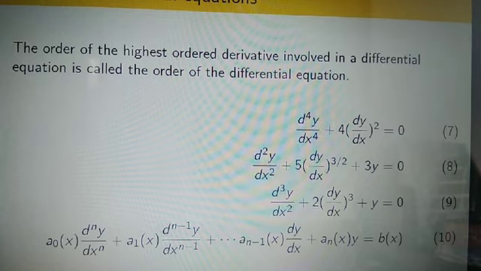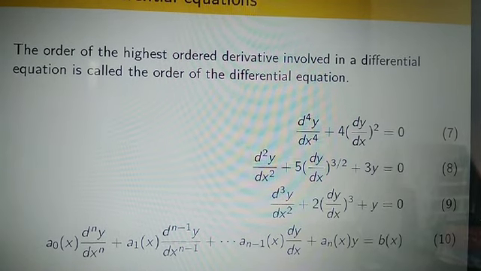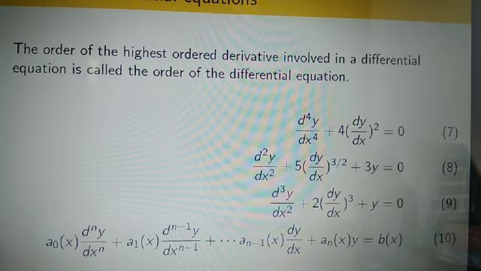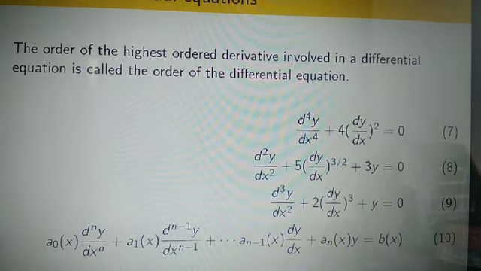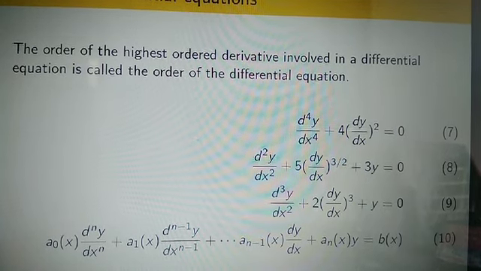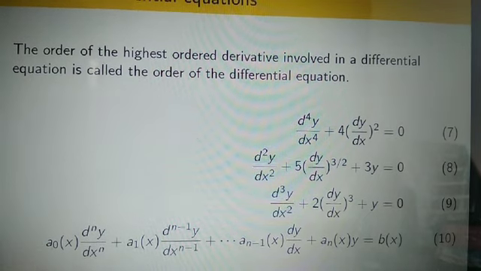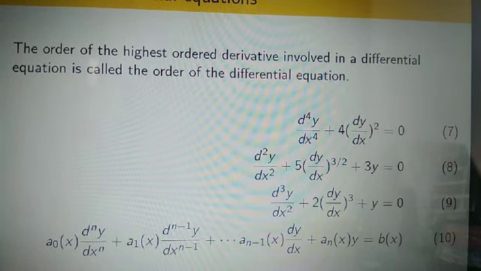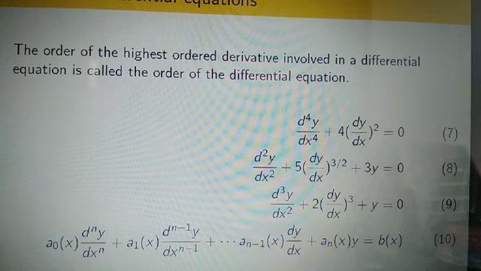In equation number 9, d3y dx3, sorry, there is a printing mistake, it should be dx3, and the highest order derivative involved here is d3y dx3, that means it is a third order differential equation.